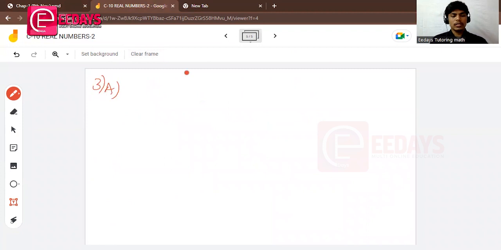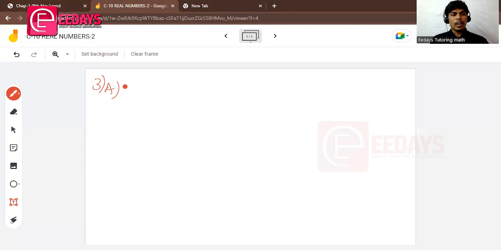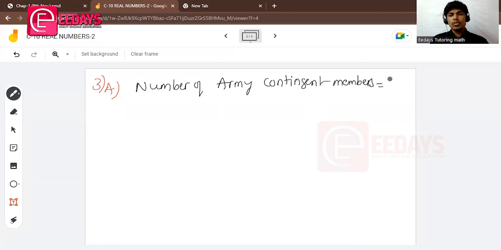So how to solve the third question? Here we just write what they gave: an army contingent of 616 members is to march behind an army band. Let's write it here: number of army contingent members is equal to 616.